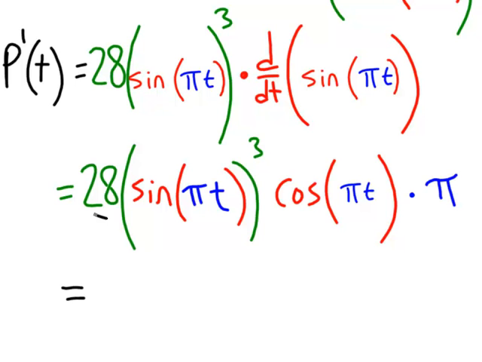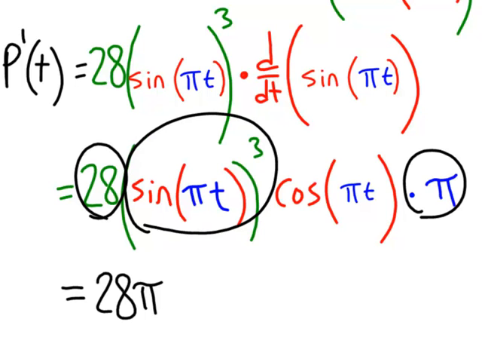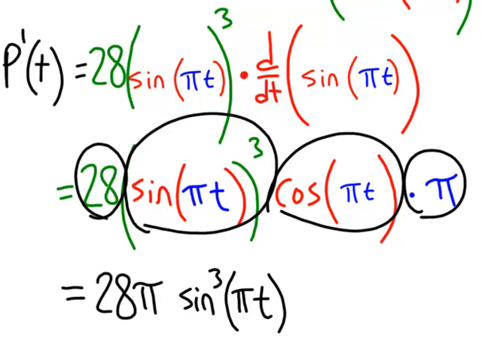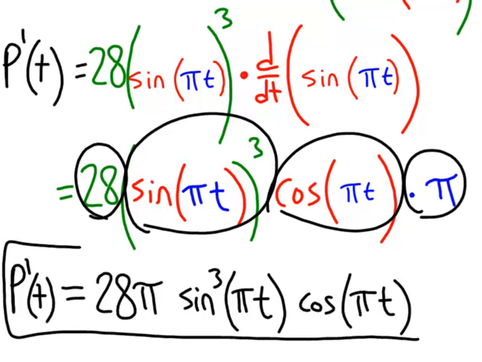We'll take the 28 and the pi, 28 pi, and let's write it in the shorthand way, sine cubed of pi t, and then finally times cosine of pi t. And that is our derivative, p prime of t.